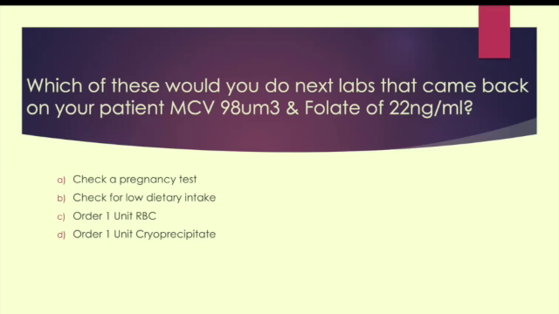And so I would do A and B. I would check a pregnancy test to see if the patient is pregnant and has low folate for that reason, or check to see if the patient has low dietary intake. I would not give RBCs or cryo.